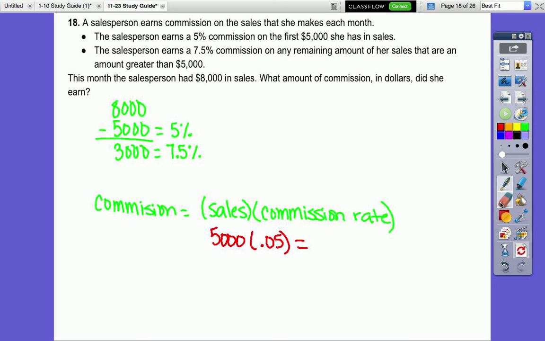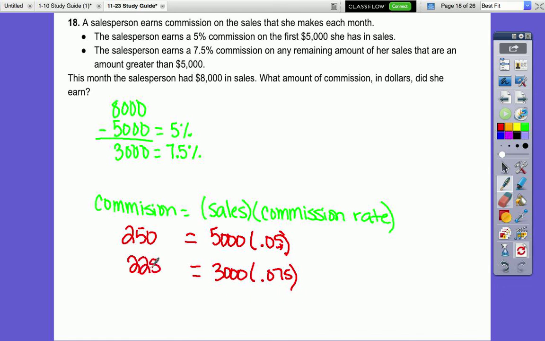250. Now we have to figure out what is the commission for the remaining $3,000. So 3,000 times 0.075, and that will tell us the 7.5% commission on the remaining $3,000, which is $225.